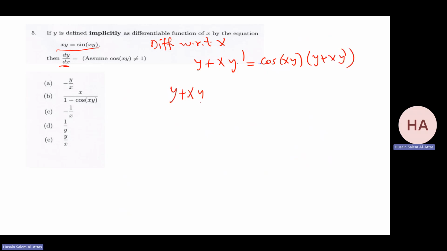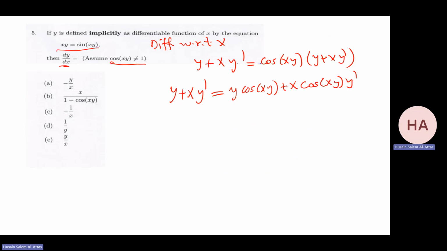That will be y plus xy prime equals y cosine xy plus x cosine xy y prime.